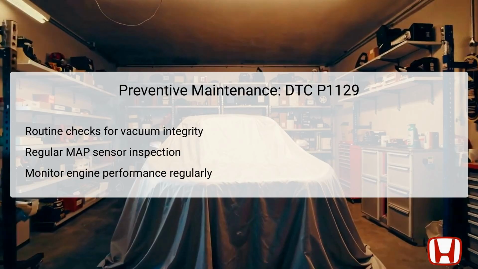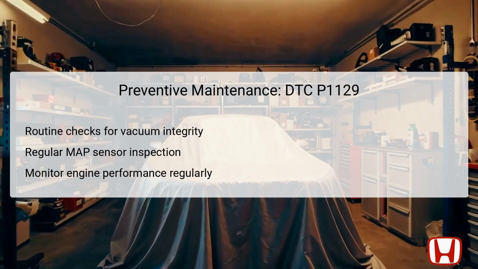Preventive maintenance is essential in ensuring that issues like DTC P1129 do not recur. Routine checks for vacuum integrity can help identify leaks before they cause significant problems with engine performance. Regular inspections of the MAP sensor and its connections can aid in early detection of faults, minimizing downtime and repair costs.